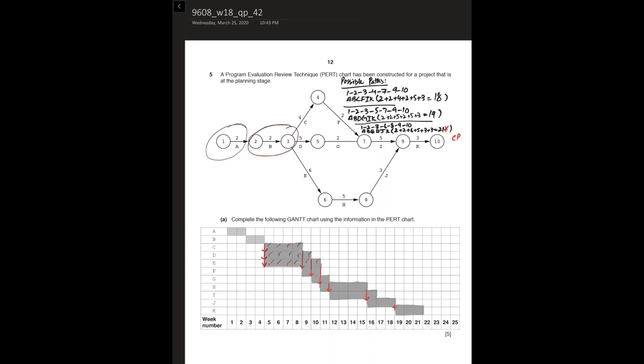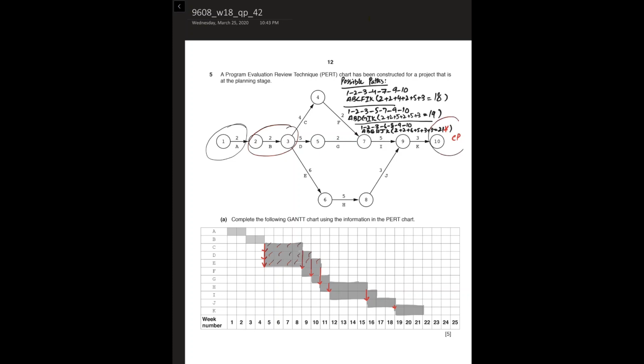Now, afterwards, F is starting once C is finished. Similarly, G is starting after D, and H is starting after E, and this Gantt chart grows activity by activity.